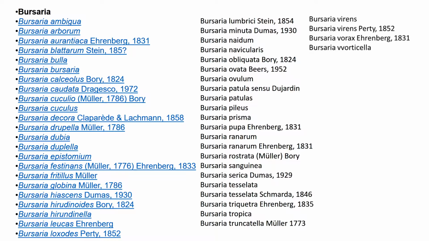There are at least 49 recognized species of Bursaria, including Bursaria truncatella. Note that Bursaria truncatella was actually described by Muller in 1773.